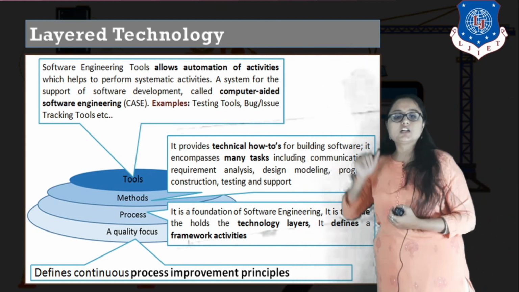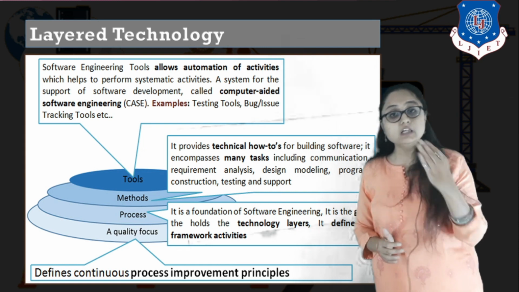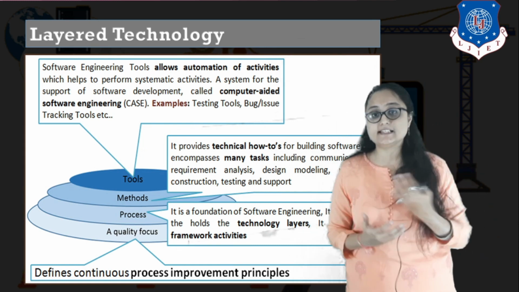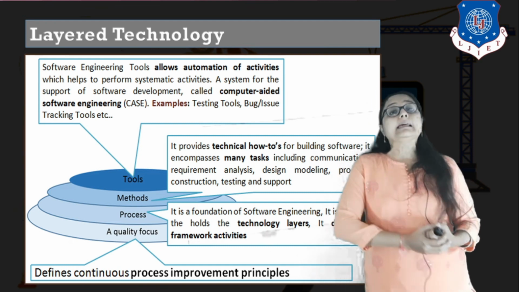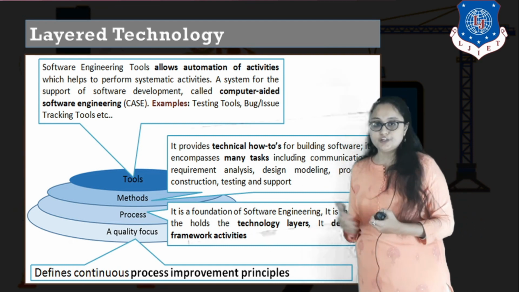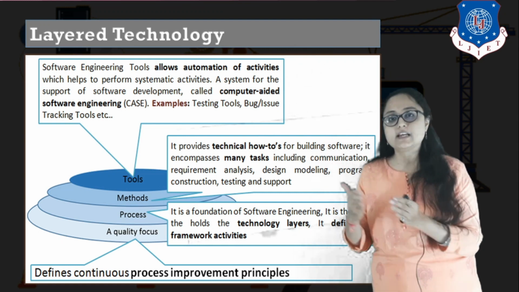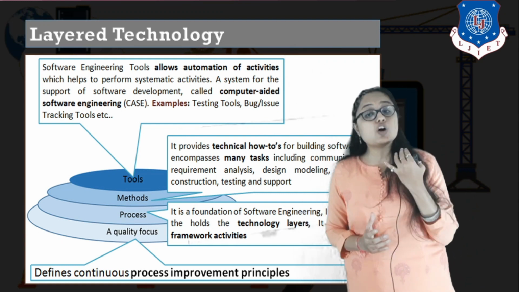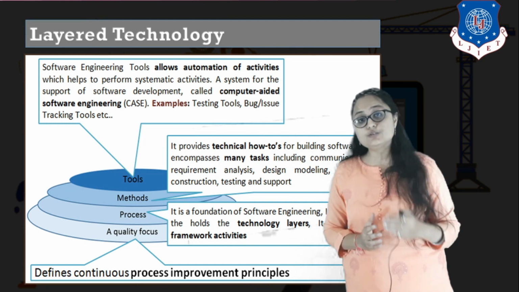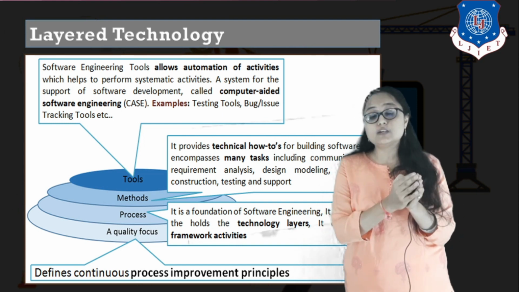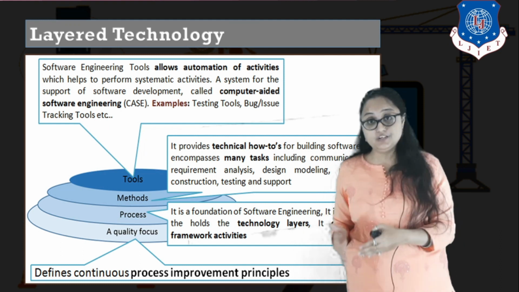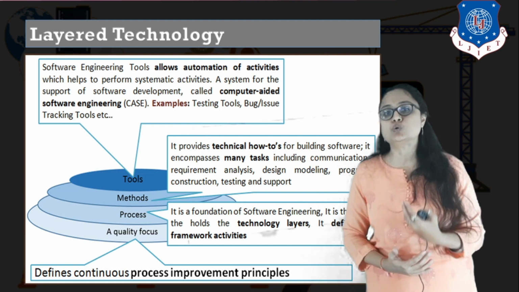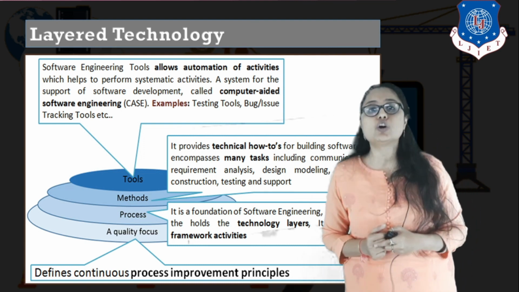And the last layer is tools. Tools can be those used for development, for testing, etc. Also, in the market there are automated tools, that is, computer aided software engineering tools, popularly known as CASE tools, which you can use in any framework activities or umbrella activities, and which automate that particular activity and reduce your time.